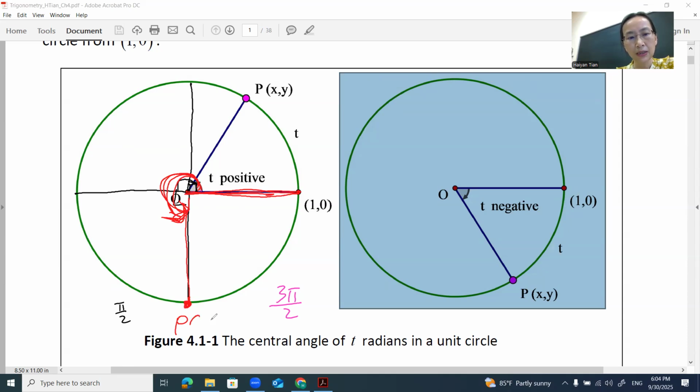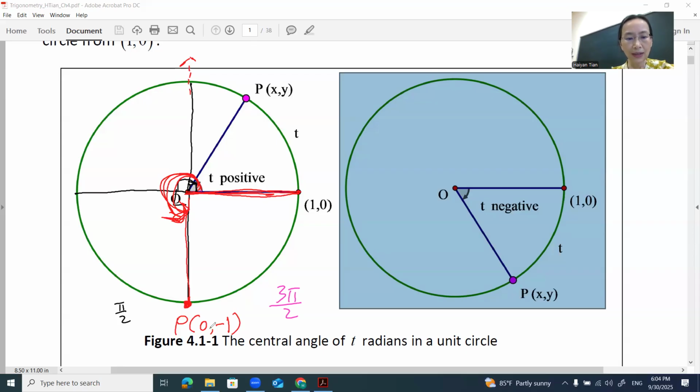What is the x value of P? X has to be 0 because it is on the y-axis. Then y is -1, since it's on the unit circle. So the point is (0, -1).